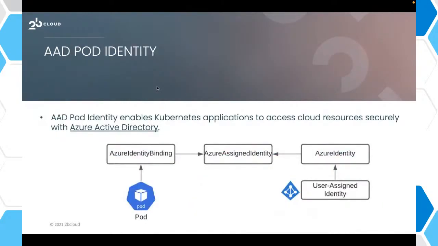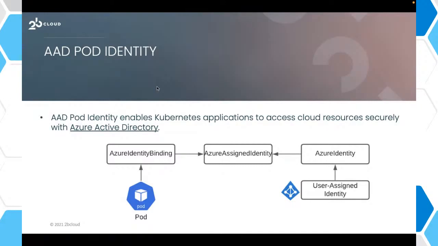So let's talk and understand how it works according to this diagram. So as we can see, basically, the AAD pod identity just enables all of the Kubernetes objects, applications, resources to access the cloud resources securely with the Azure Active Directory.